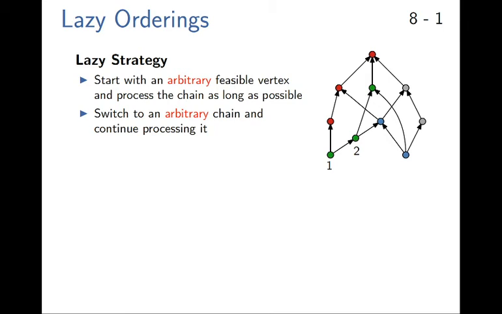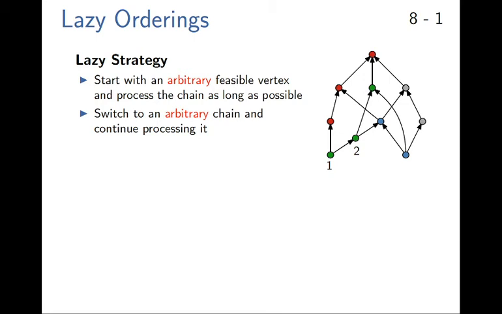I wouldn't call it an algorithm. So what you do is you start with some arbitrary first vertex of your choice. For example, here the green guy, he's a local source, and he can be the first vertex in the linear ordering.